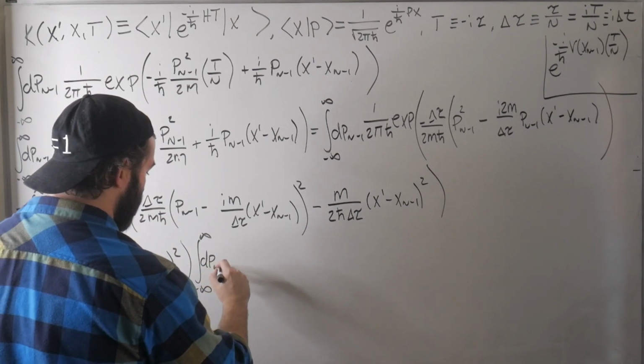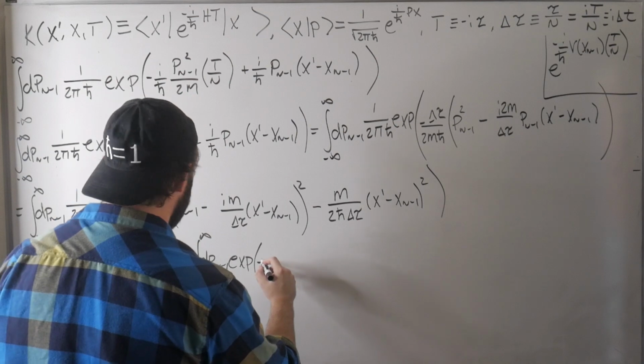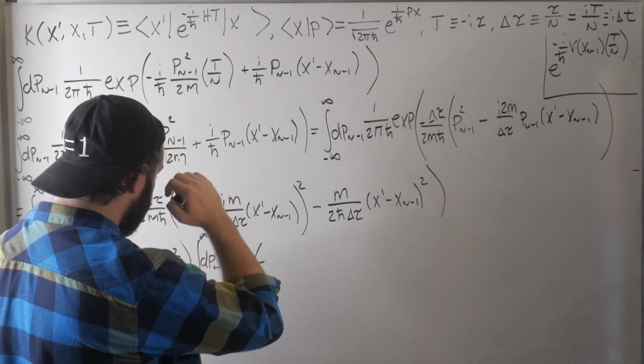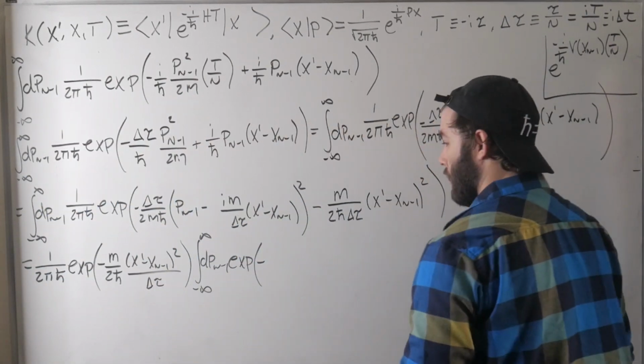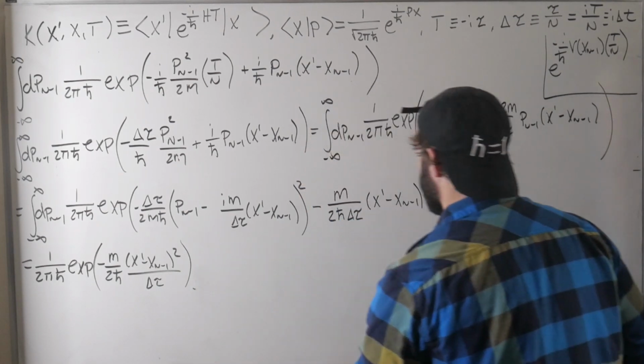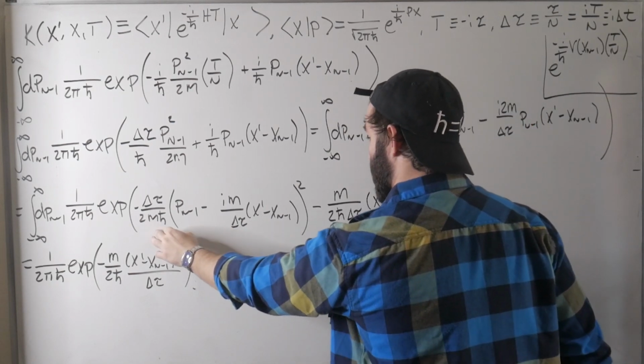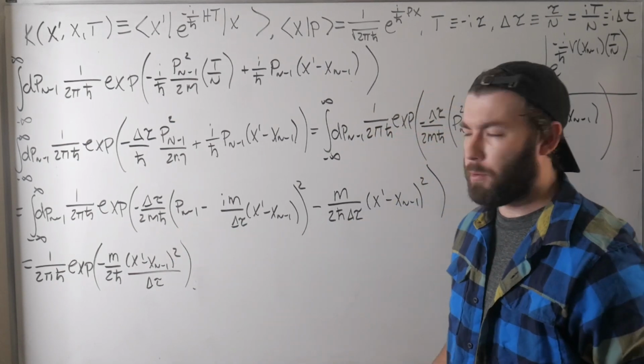dp sub n minus 1 exponential of minus, well, okay, let's kill two birds with one stone. So now that this is out, all we have is this square scaled. So I'm going to define a new variable that I'll call u.